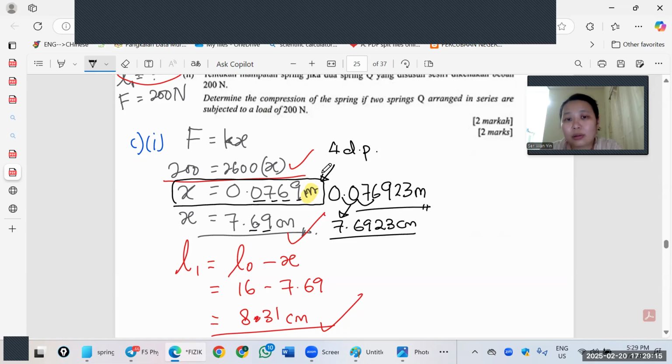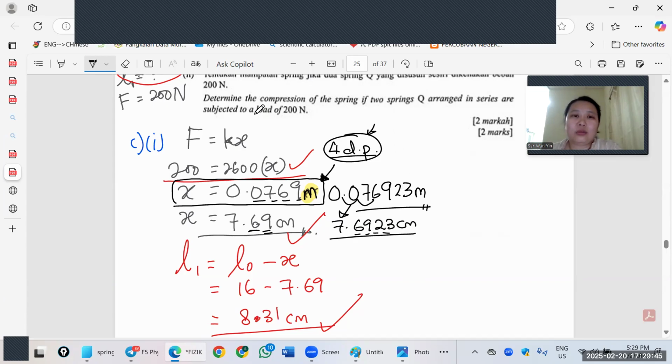That also can, because your original is in meter, then change to cm, then 2 decimal places is okay. Or you want to do this, you make 4. Oh, even better. Then you will get 4 decimal places here. I encourage you all to put more than 3 or 4 decimal places.